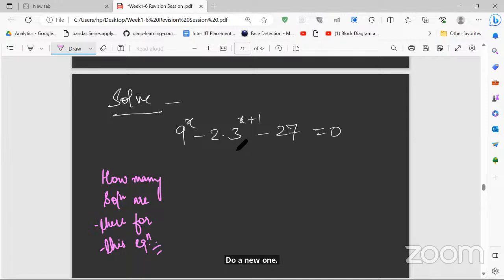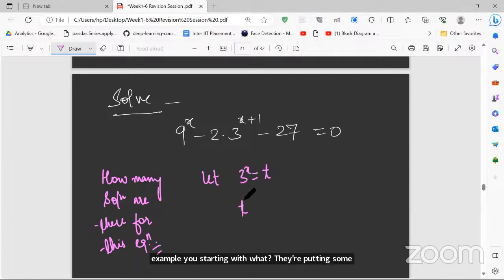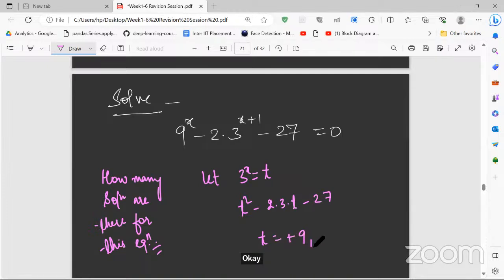Let's say you put 3 to the power x equals t. You get t squared minus 2 into 3 into t minus 27. What are the solutions you are getting? 9 and minus 3.